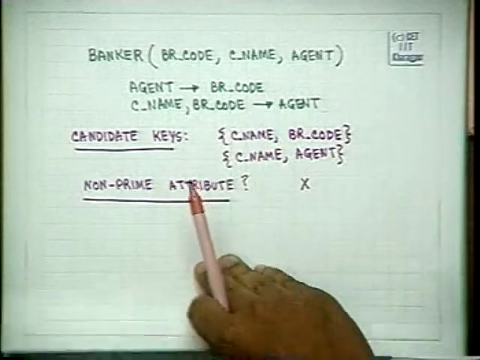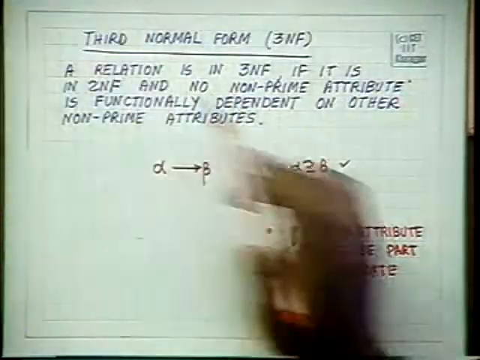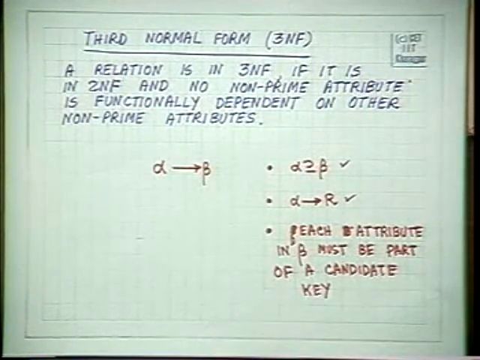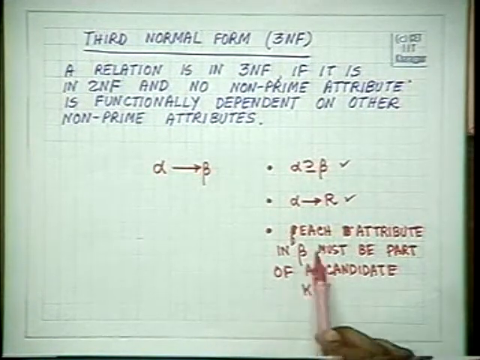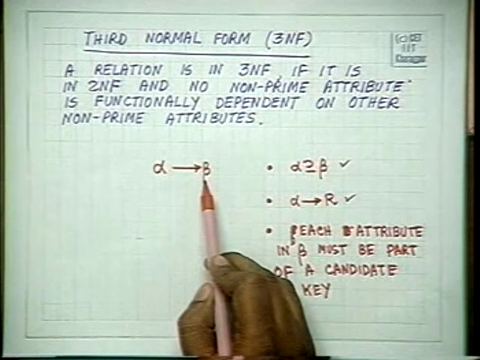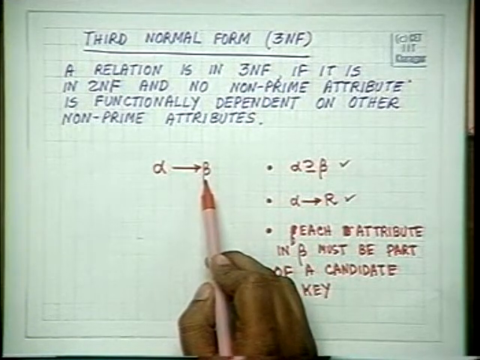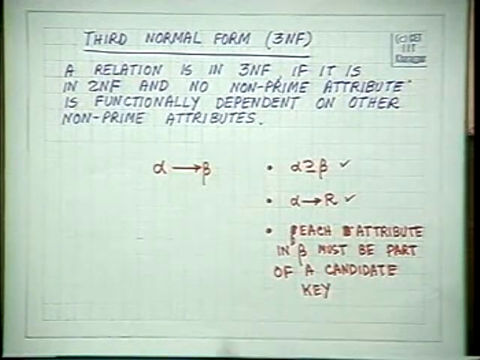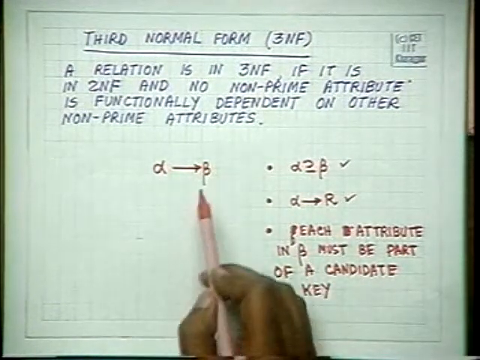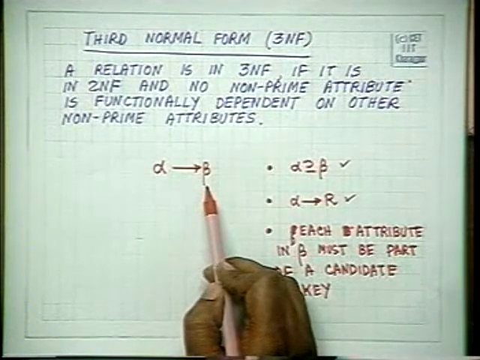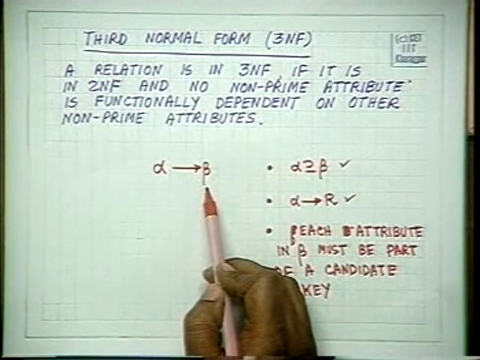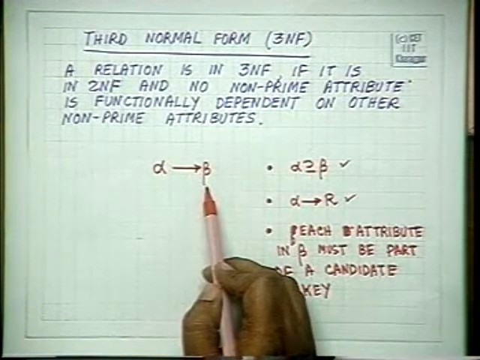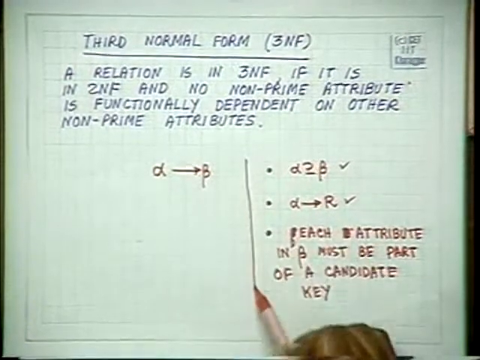Therefore, if this one or this one are not satisfied and the relation is still in 3NF, then each attribute in beta, which may not be a single attribute but an attribute set, must be part of some candidate key. That is, it cannot be a non-prime attribute. So this is an alternative definition of 3NF.